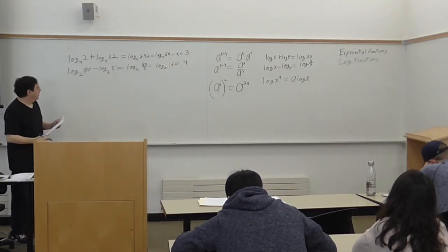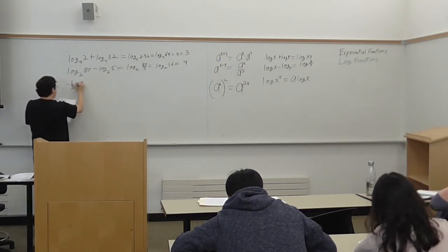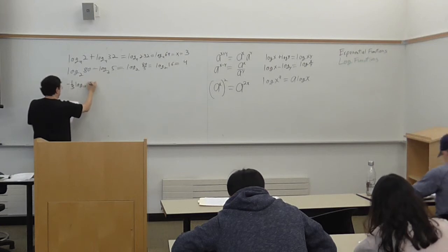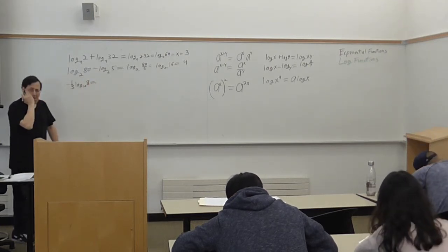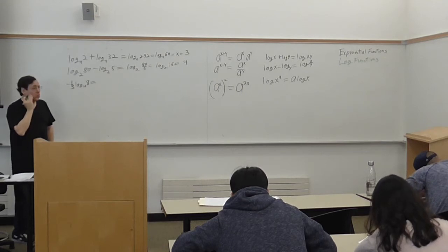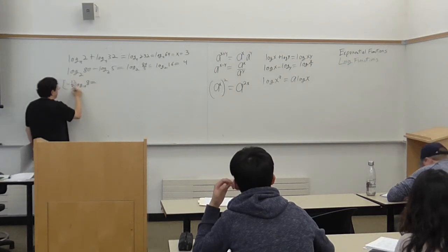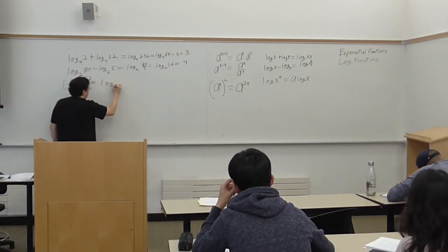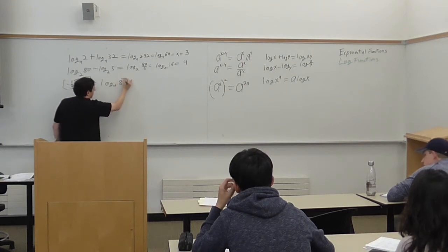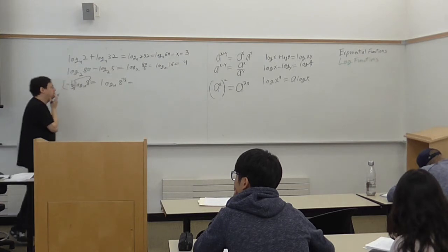All right, one more like this. Minus 1/3 log to the base 10 of 8 equals. Well, remember, I can take this factor of the log and make it the exponent. So this is log to the base 10 of 8 to the minus 1/3. Okay.